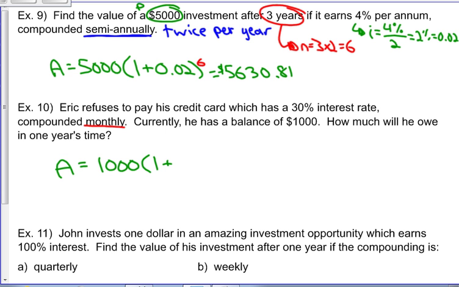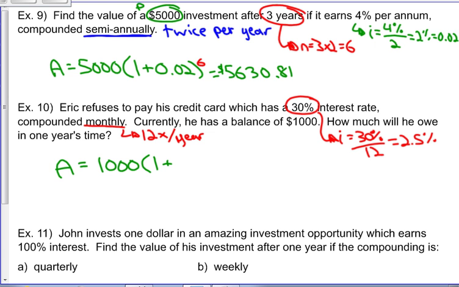It's monthly. That means 12 times per year. So I is going to be 30%, but divided by 12. That makes for 2.5%, or 0.025.